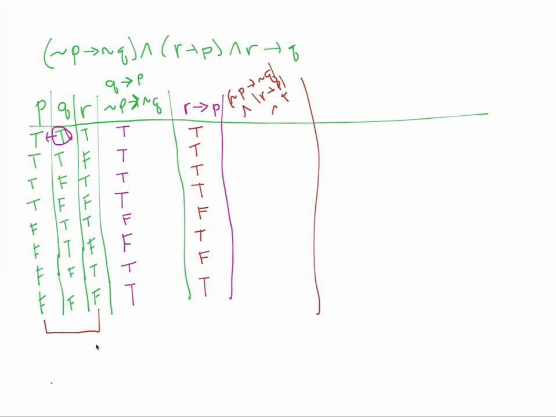The third column, fourth column, and fifth column. So all three of those together. If I'm going to AND all three of them together, I need all three of them to be true in order for the whole thing to be true. So here I have true, true, true. That's good. Then I don't. Then I do again. And then none of the others have all trues.